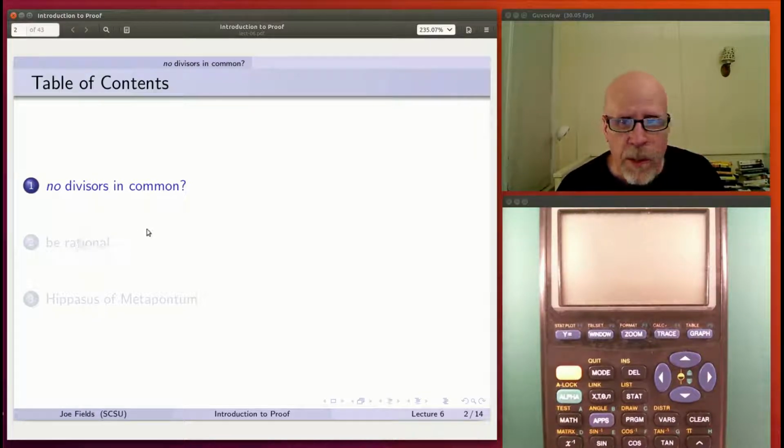We'll see what that says about improving our definition for the rational numbers. And finally, we're going to look at an example of a really beautiful piece of mathematical proving, a statement that was first proved by Hippasus of Metapontum, who was a member of the Pythagorean Society. So let's get going.